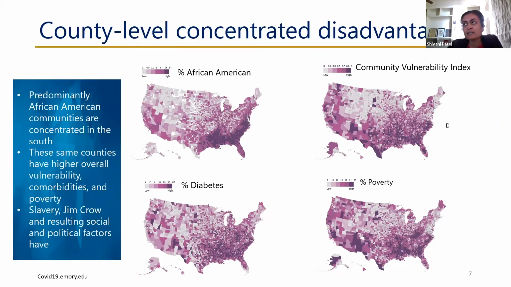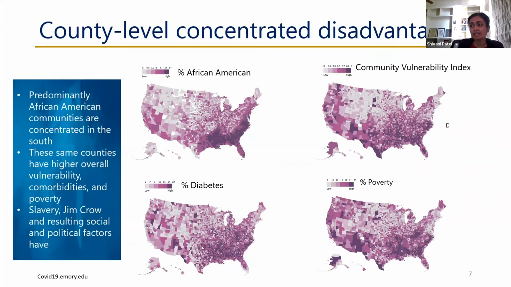And the idea here is that it's not just about the racial composition of a county, but it also happens to be that the same counties that have a high concentration of African Americans also have a tendency towards more vulnerability, as defined by this Community Vulnerability Index, which is a measure of over 30 characteristics measured at the census level on factors that are expected to relate to COVID-19 infection and death.